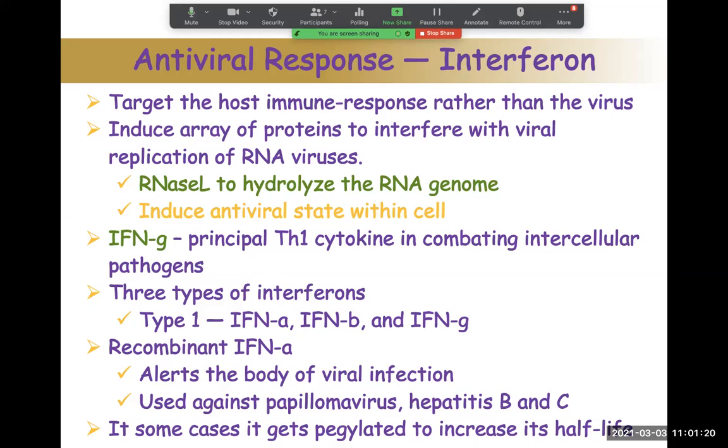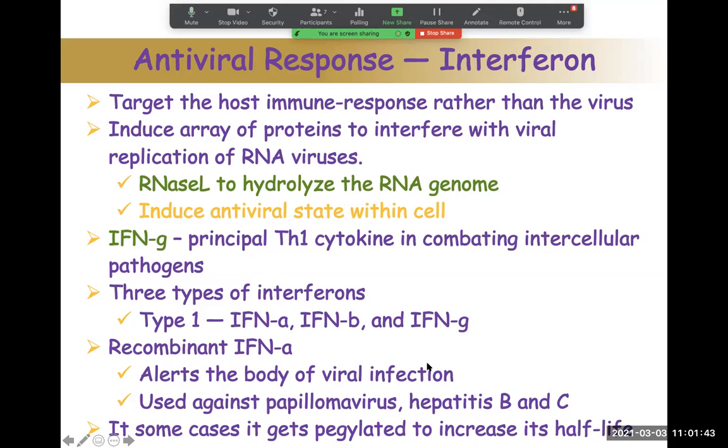The interferon induces the host to make an enzyme called RNase L that can hydrolyze the RNA genome, and it basically induces an antiviral state, right? So it's a very important cytokine, and there are 3 types of it.